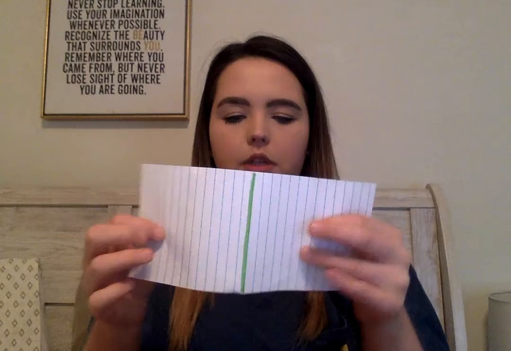And I'm going to mark my seams where I would cut my pizza. Okay, so like we just said, folding our piece of paper once gives us 2 equal parts.